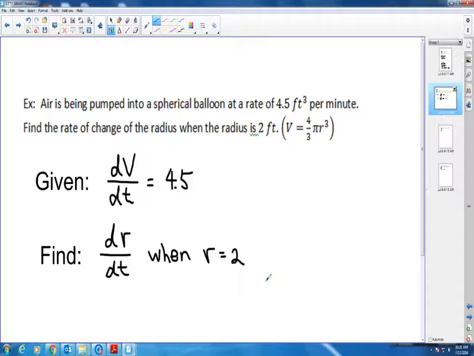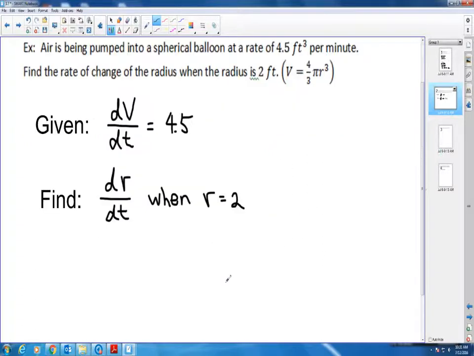Because we know that as the air is pumped, the balloon's getting bigger and bigger. So what's the rate of change when the radius of that balloon, that sphere, is at 2 feet? What's the rate of change at that instant?